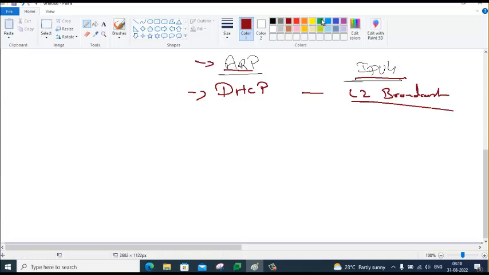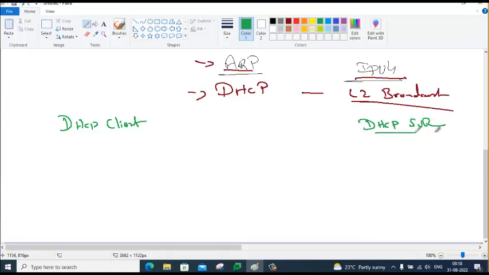Now, there are four different packets that go in between the DHCP client and the DHCP server.